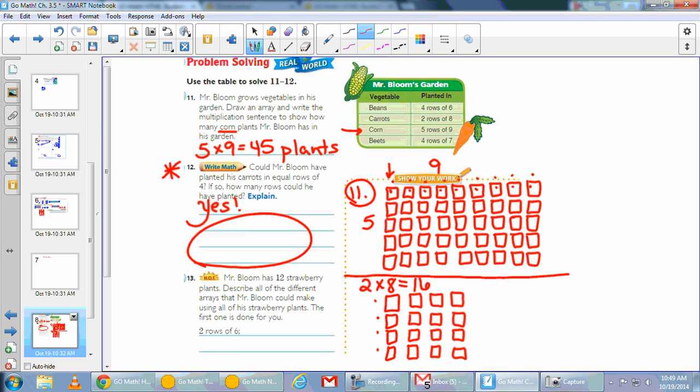And then your higher order thinking one. Mr. Bloom has 12 strawberry plants. Describe all the different ways that he could make using all of his strawberry plants. The first one is done for you. So if you did 2 rows of 6.